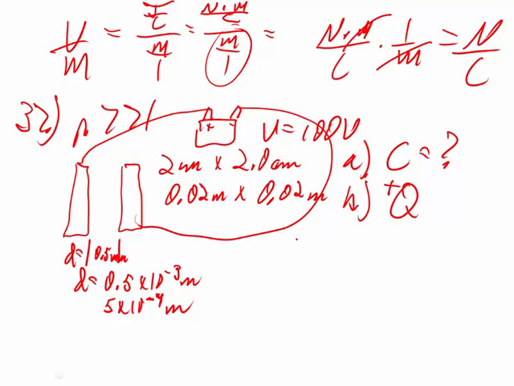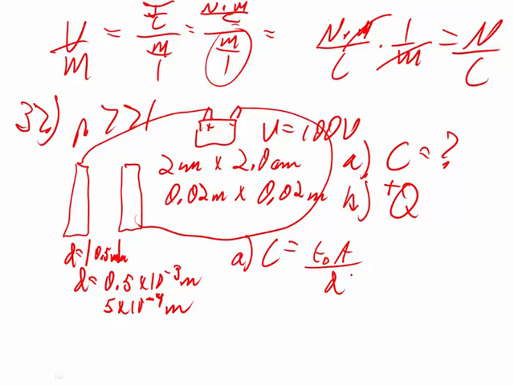Okay, this is going to be part A. Capacitance is equal to what? Since we're not just looking at capacitance in general, but at the actual dimensions of the capacitor, we have to use this equation. If we were just looking at capacitance in general, we could use the number of coulombs per volt.